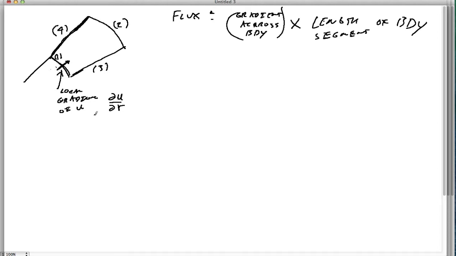So that local gradient, then it has to be, if the concentration is going up, or if the value of the temperature is going up, then we know that the flux is going outward, right? So we have to put a negative there. So I shouldn't say the gradient across the boundary.